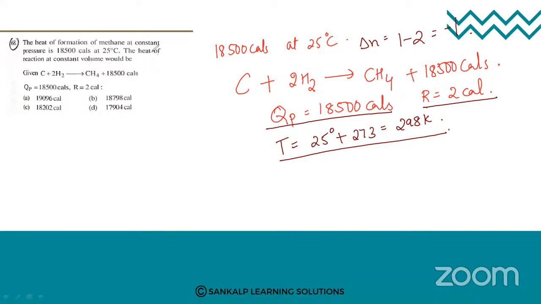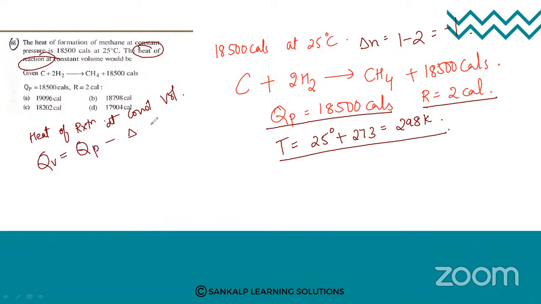So they have asked the heat of reaction at constant volume. QV is equal to QP minus delta n RT, right? QP is given, 18,500. Delta n is minus 1, R is 2, temperature is 298.